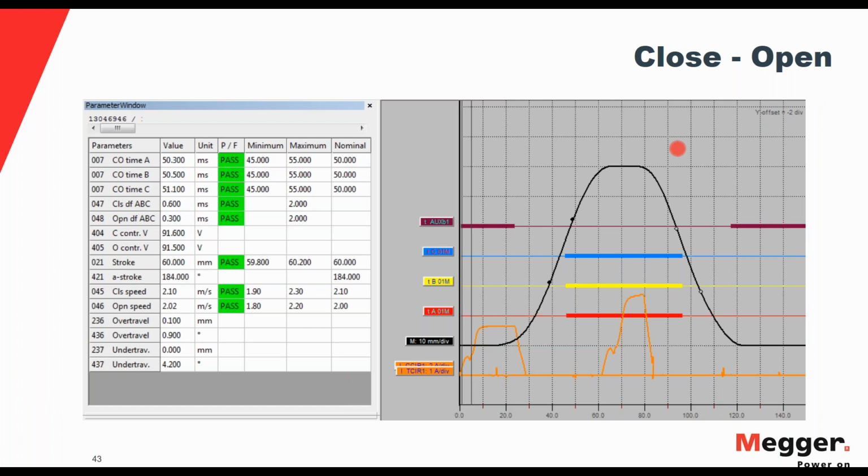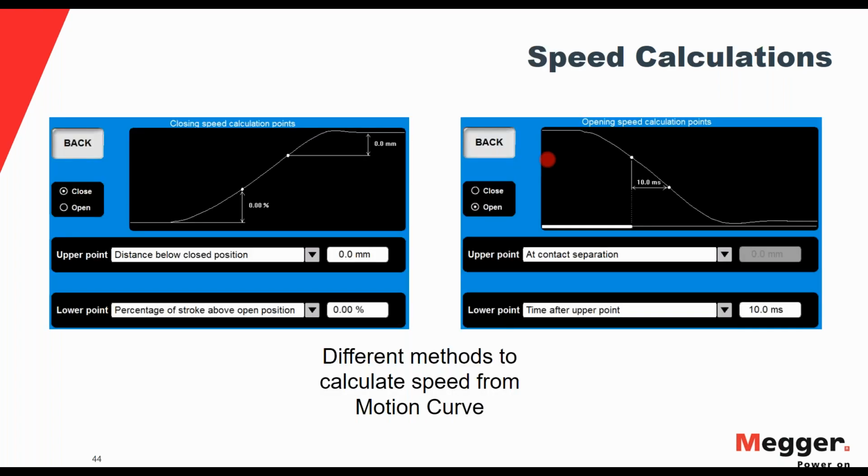Now, one important parameter that I did not talk about is the speed. You can see there are these 2 points. These 2 points really depend on the type of mechanism or motion that you are measuring. These points, an upper and a lower point either for closing or opening operation, need to be defined depending on the manufacturer recommendation.